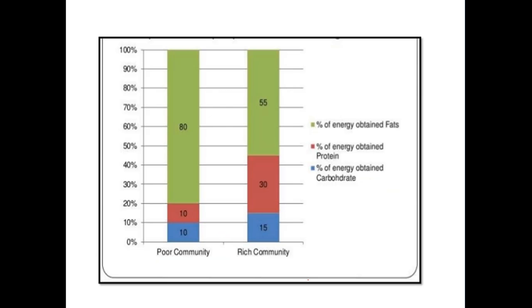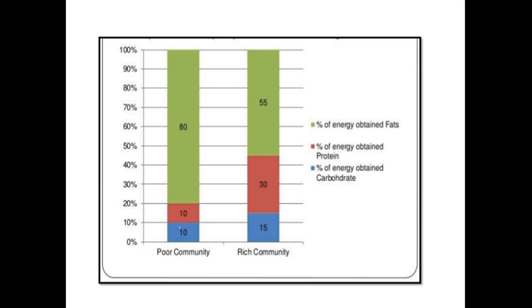Now we can represent poor community and rich community, percentage of energy obtained from fats, percentage of energy obtained from protein and percentage of energy obtained from carbohydrate. If you are going to draw the percentage bar diagrams, then you will find how we are going to distribute the percentage of energy obtained from food.